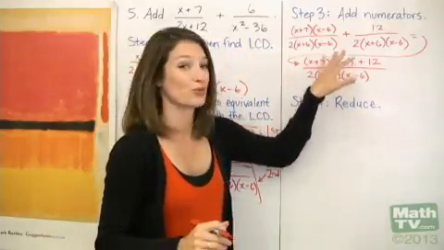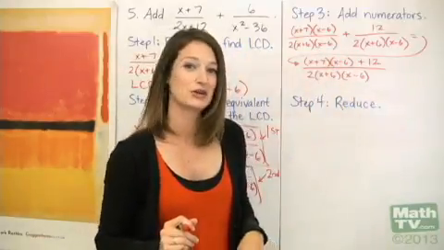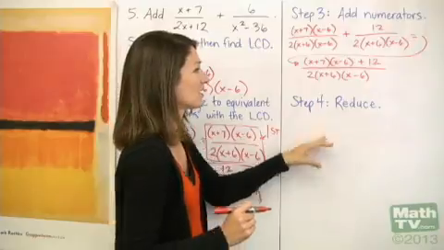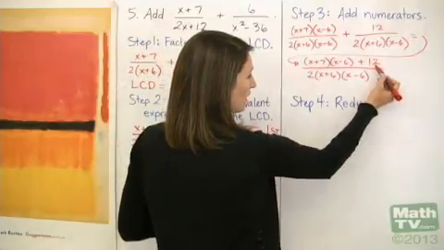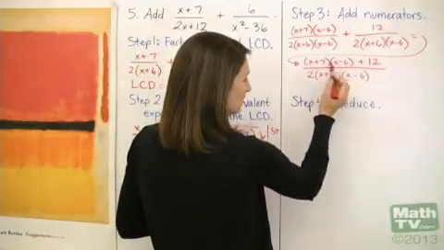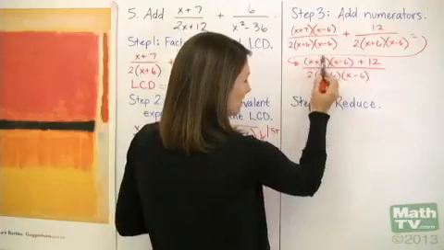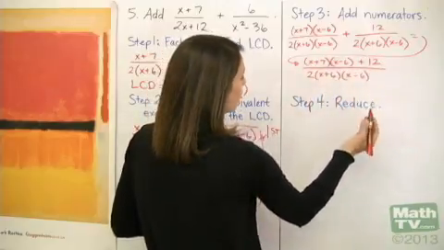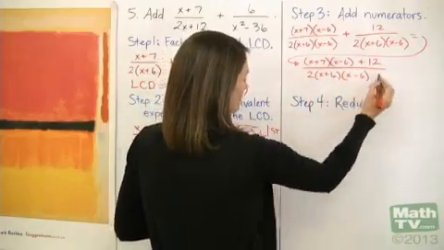So now we just need to reduce this fraction in order to get our final answer. We can't just add the 12 into this product here. We should actually multiply this out in order to add in this whole number. So let's go ahead and do that.